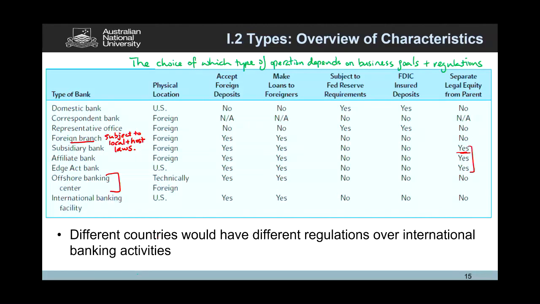So in this case, if you are a US bank that established an international offshore center, then you cannot legally interact with US residents, right? So these are all for the offshore market, and they are basically the least stringent.